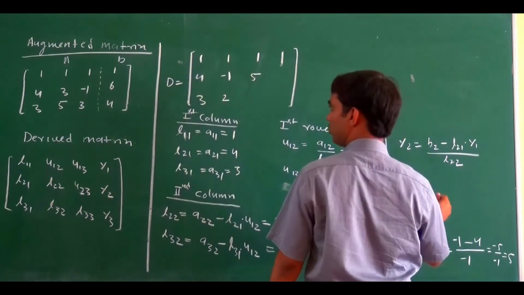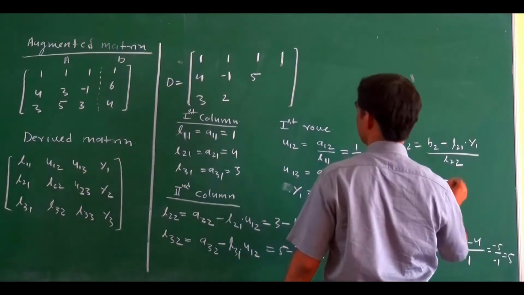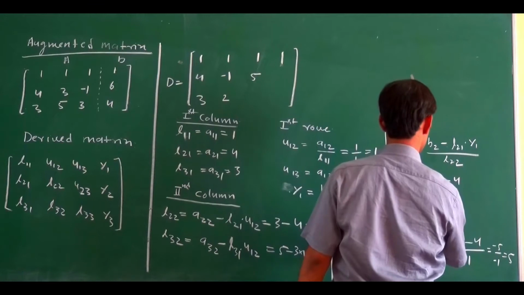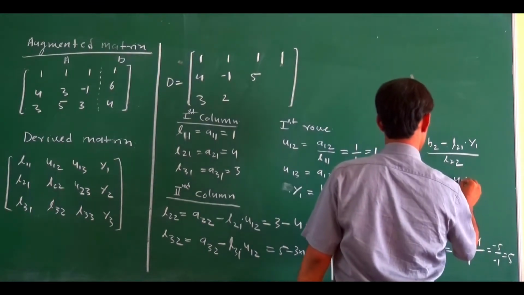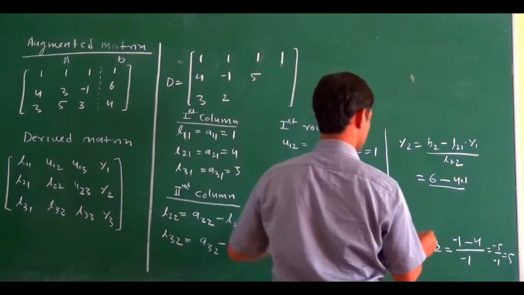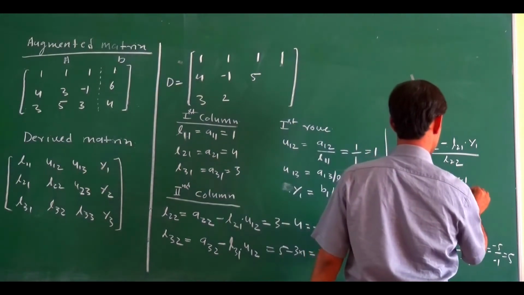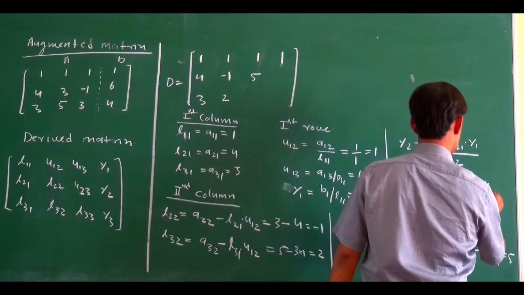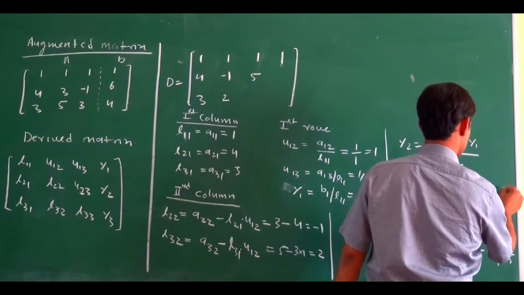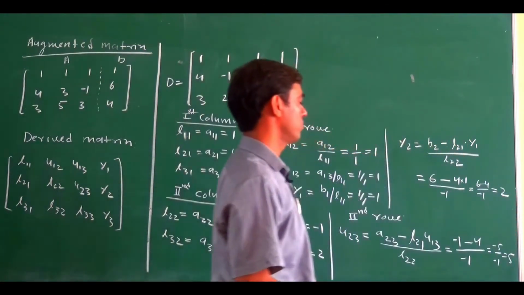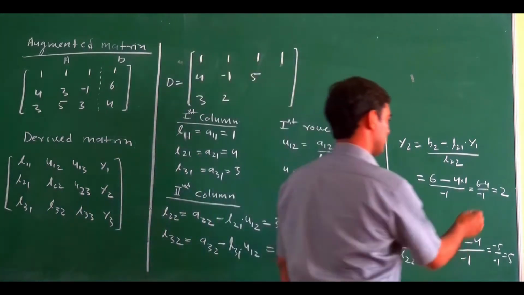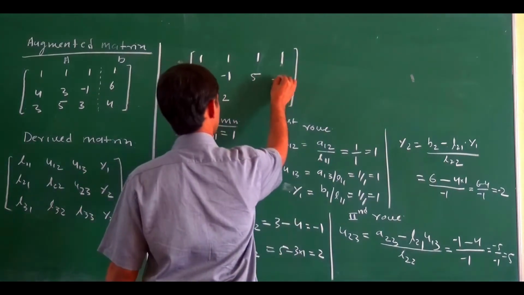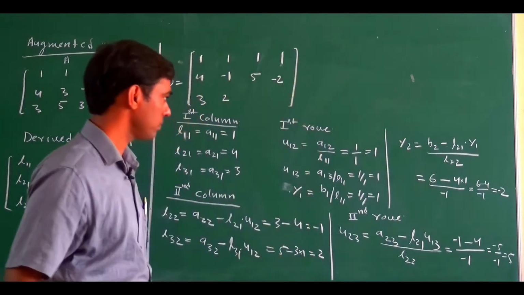So V2 means 6 minus 4 into 1, divided by minus 1. This becomes 6 minus 4 divided by minus 1, which is 2 divided by minus 1, and this becomes minus 2. So this one is minus 2.